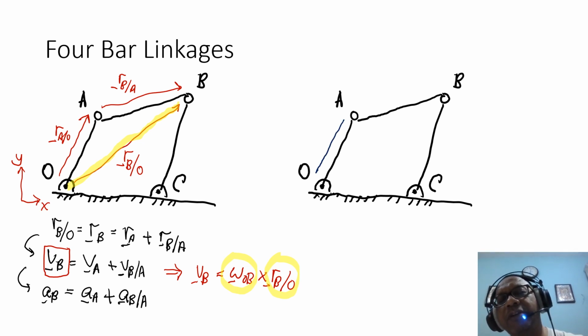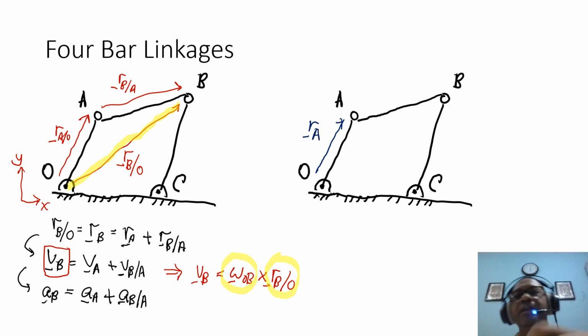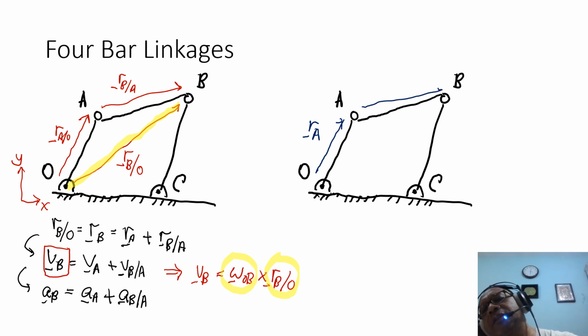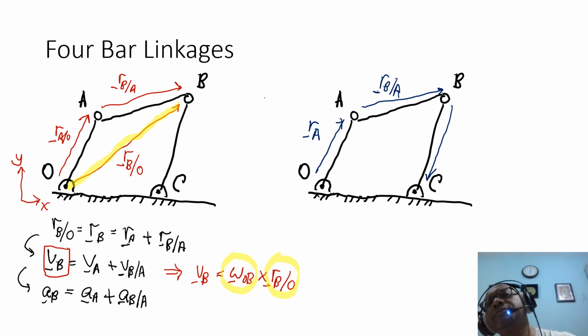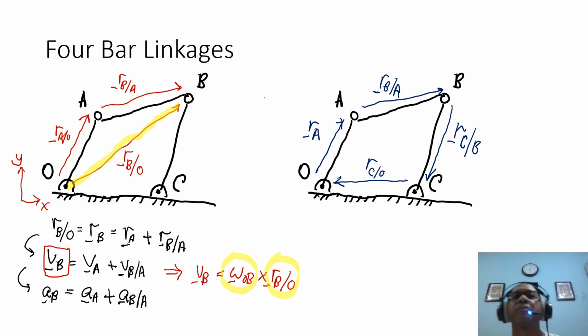So this is the position vector A relative to O. We know O is not moving, and this is position vector B relative to A. And this is position vector B relative to C. This is position vector C relative to B. And we have to go back to O: position vector C relative to O.